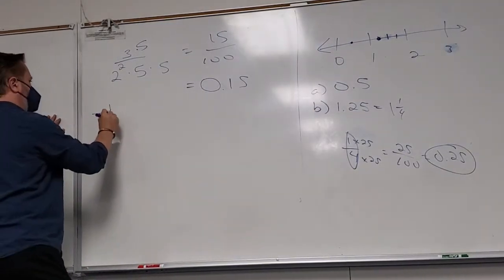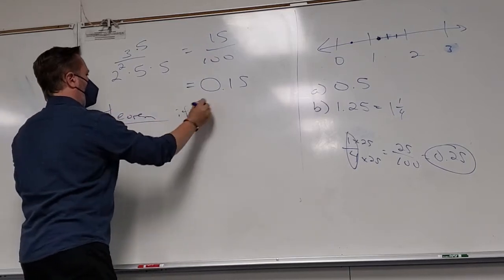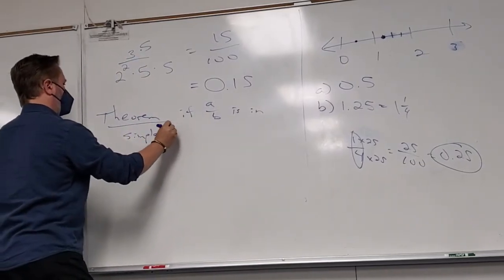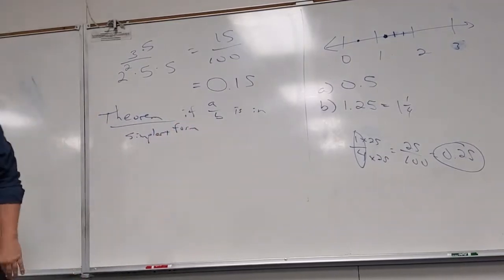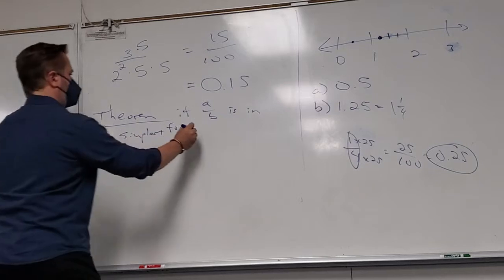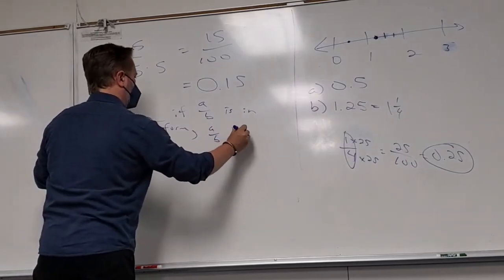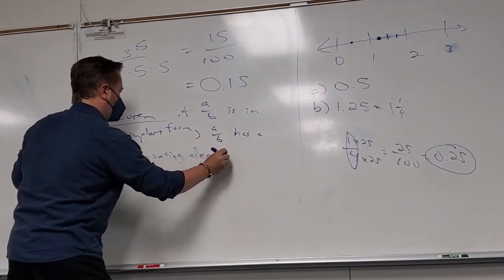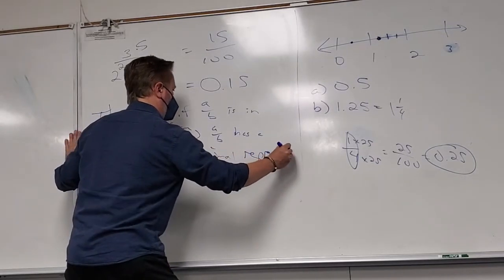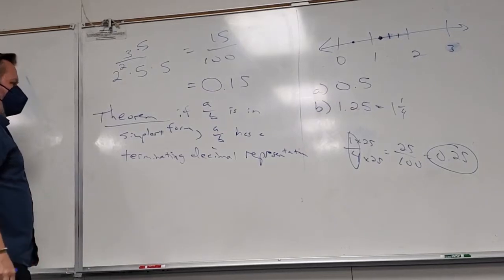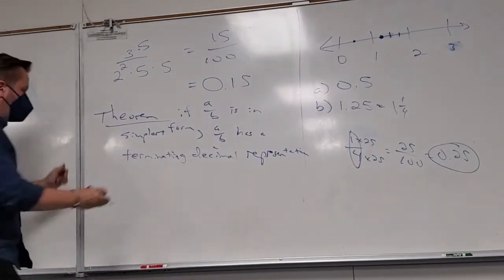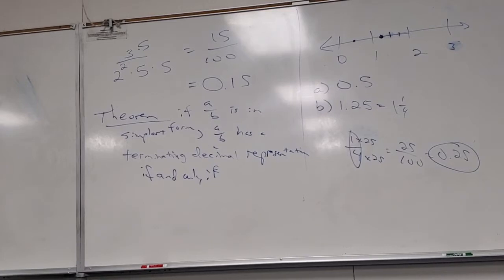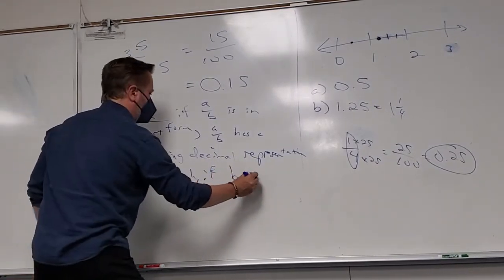So the theorem is, if A over B is in simplest form, meaning it's already been reduced, then A over B has a terminating decimal representation if and only if the bottom, B, contains only 2s and 5s.